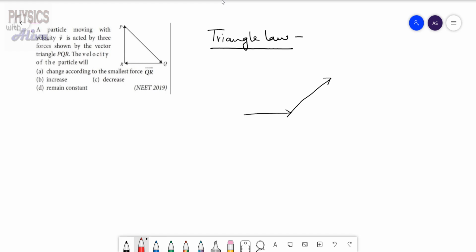Then the third vector, which completes the triangle, taken in opposite order, represents the resultant vector of these previous two.